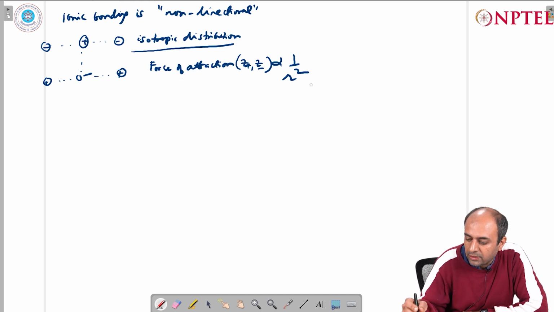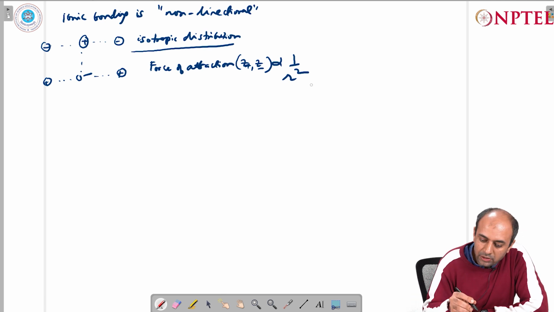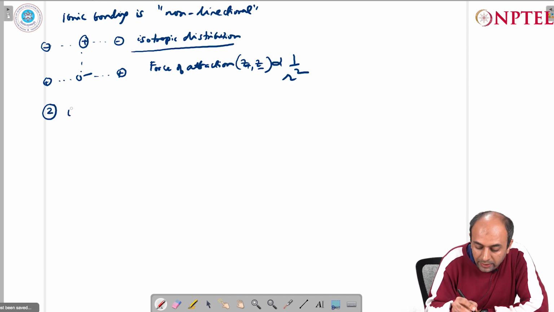So force of attraction is proportional to 1 by R square. I have already given you the examples on ionic bonding. The next classification of chemical forces which comes after ionic bonding is the ion-dipole forces.